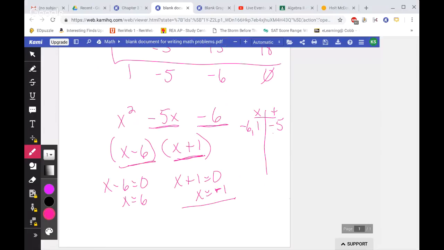However it's easier for you to think of it. But the zero itself is 6 and negative 1. Does that make sense to you or not really? Look at it again. These are zeros. And these are factors. Okay, I see that.